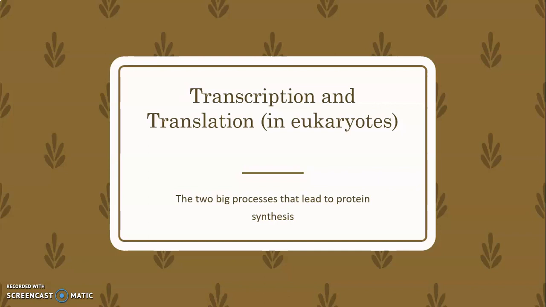For example, prokaryotic cells don't have a nucleus, so their process doesn't really require anything to leave the nucleus because they don't have one. So they don't have quite as many processes as we do in eukaryotic cells, but we really are only going to talk about transcription and translation in terms of eukaryotic cells.